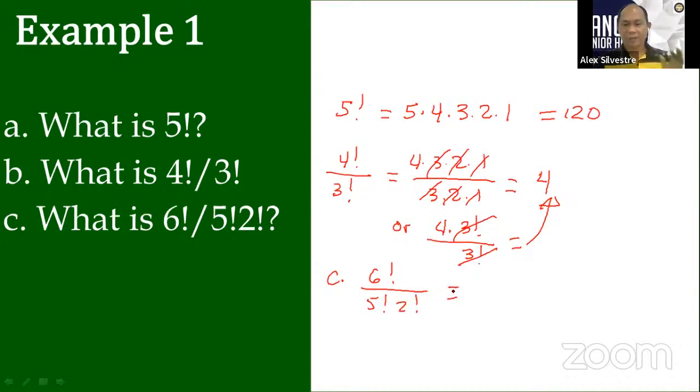Try to solve and then give me what will be your possible answer in the given problem. What will be 6 factorial divided by 5 factorial times 2 factorial?